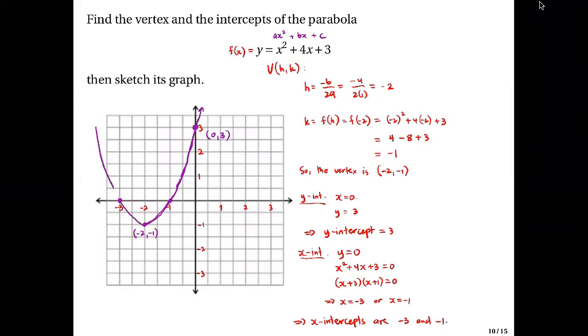So the sketch of the parabola would be something like this. So this is your y equals x squared plus 4x plus 3. Okay? Questions?